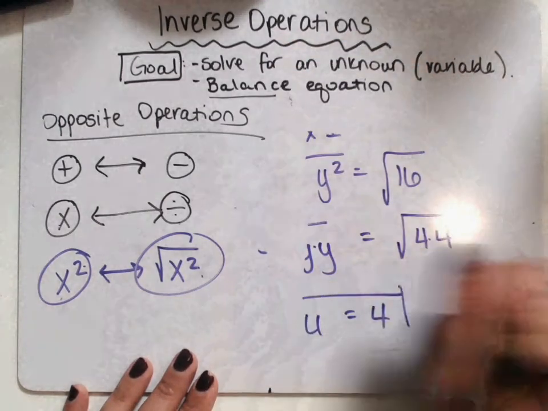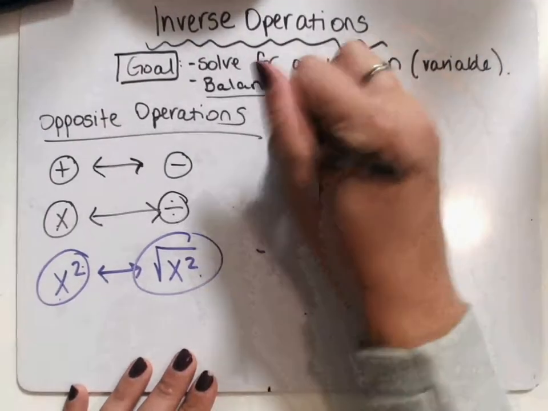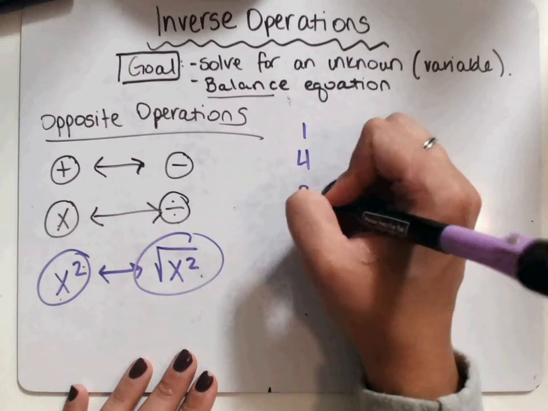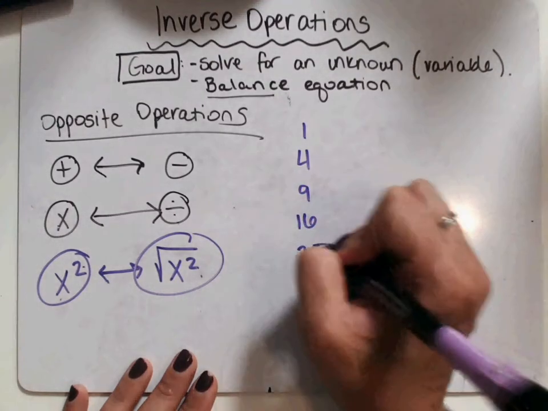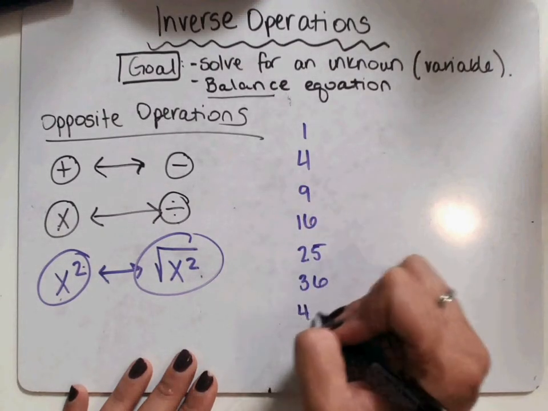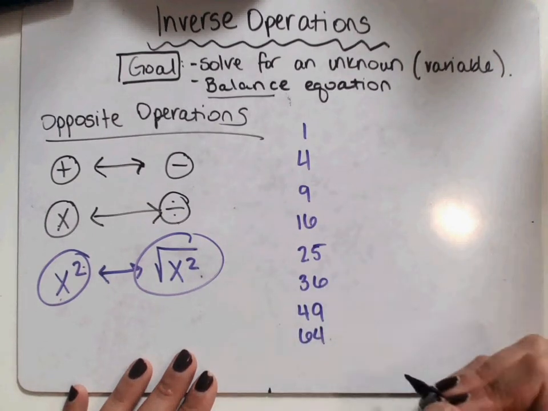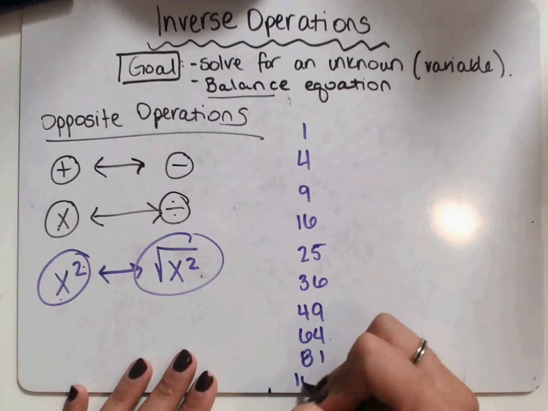You might have noticed by now that every time there's a perfect square, such as 1, 4, 9, 16, 25, 36, 49, 64, 81, and 100, right?